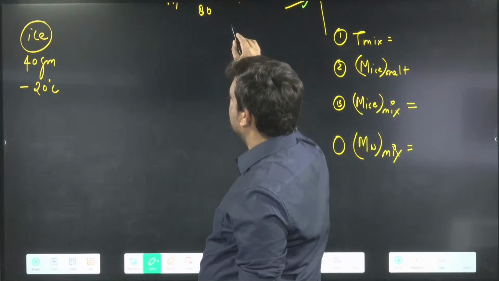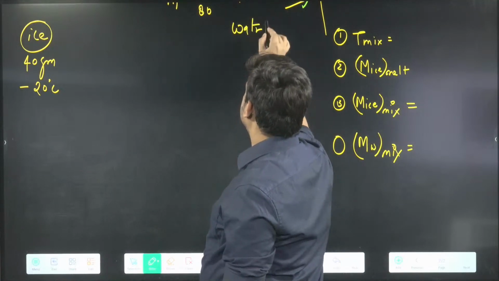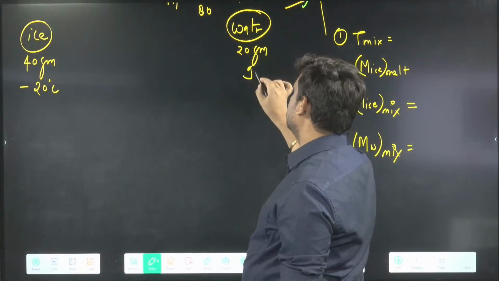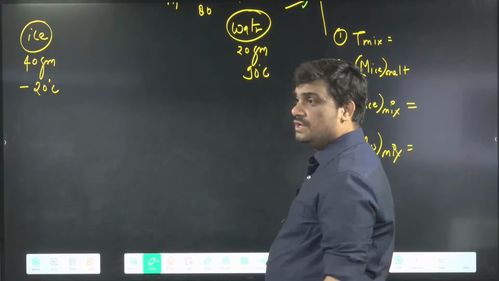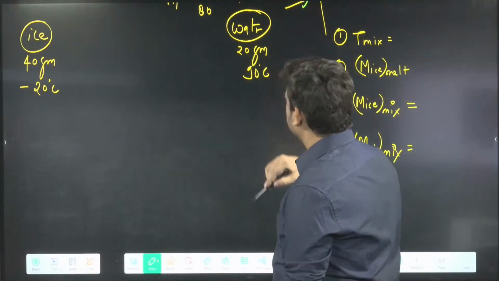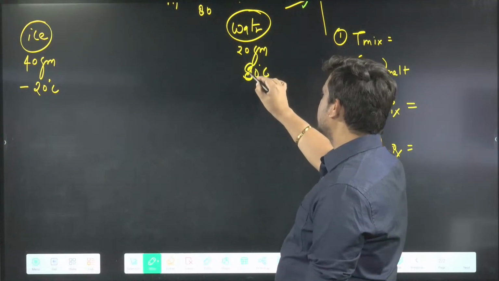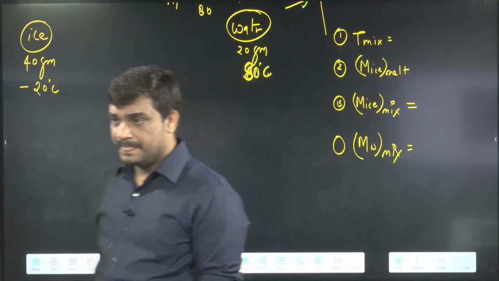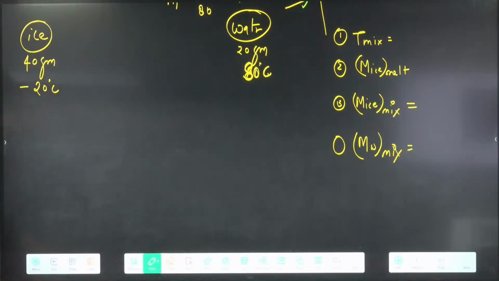And on this side we have water, 20 gram water at 90 degrees, or I can take better 80 degrees Celsius. So now we have to figure out what will actually happen here in this one.